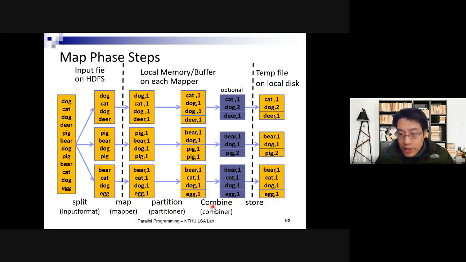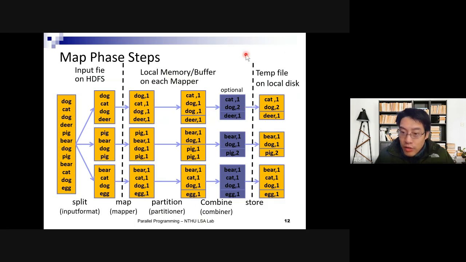Combiner basically has the same functionality as the reduce function, right? That means you try to merge the results of a key. For example, we see two dogs here. So we can combine them into just one key value pair, just like what we expected to do on the reducer. But why do we need to do it on the mapper side?